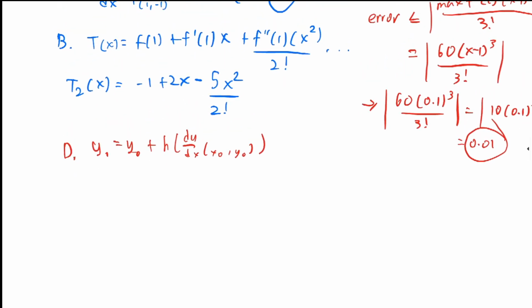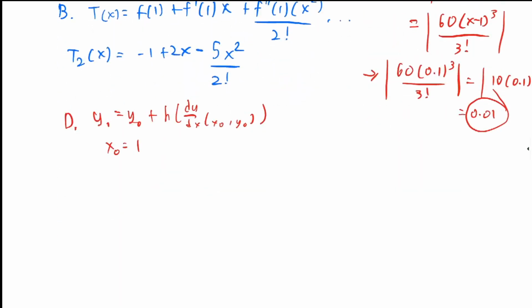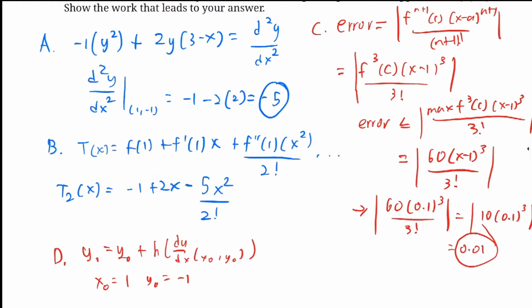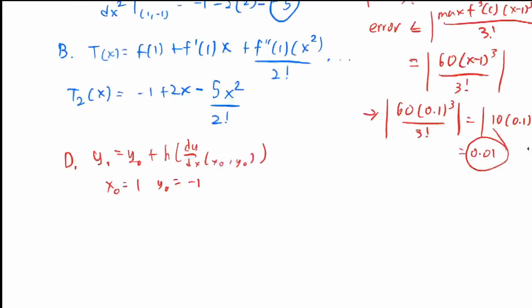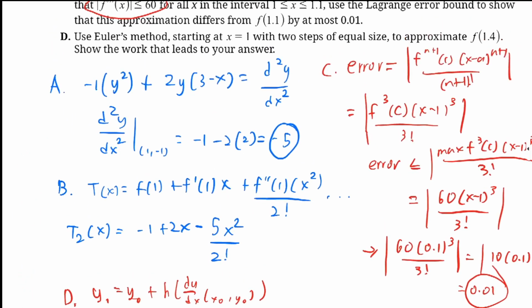So remember that x sub 0 is equal to 1. It starts at x equals 1. y sub 0 we know is negative 1. And we want to approximate f of 1.4. So first, f of 1.2 is approximately y sub 1, which is equal to y sub 0, so negative 1, plus h, and remember, we have a step size of 0.2, I believe.